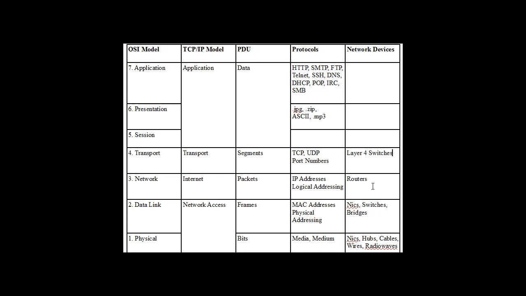A firewall is a router that can read layer 4 data and also data happening at higher levels, all the way up to layer 7. So a firewall can filter packets based on viruses and certain other things that happen at higher levels. So a firewall could go all the way up to layer 7.